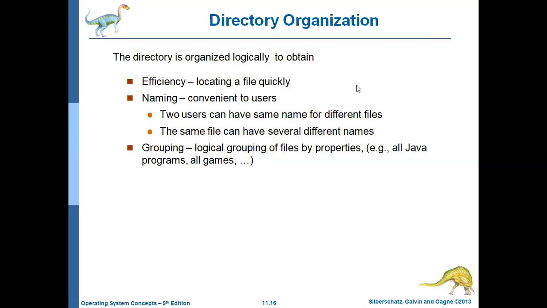Two users can have the same name for different files, and the same file can have several different names. This is called the naming convention. Then comes grouping, logical grouping of files by properties, for example all Java programs or all games. So these are with your directory organization.